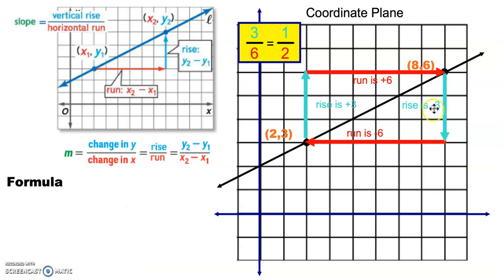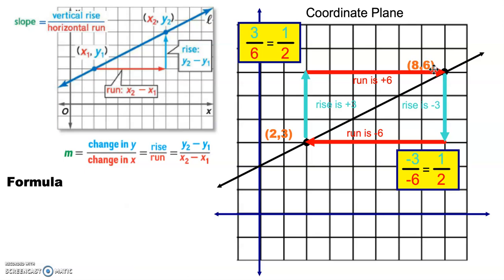Well, if my slope is rise over run, I'm going to have the -3 on top and the -6 on bottom. That gives me a negative over a negative, which makes a positive 1/2. So notice I got the same slope either way. It doesn't matter which point you count from. You'll get the same number when you simplify the slope.